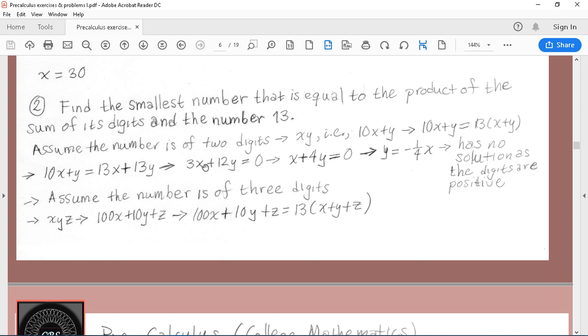Dividing by 3, we have that x plus 4y should be equal to 0, which means that y should be equal to minus 1/4 of x. Now this means that we do not have as a solution a number of two digits, because according to this, one of the digits should be negative. And as you can see, the digits have to be positive.